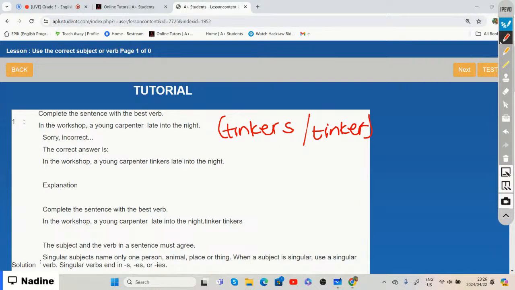A young carpenter refers to one young carpenter, only one person. Do we say a young carpenter tinkers late into the night or tinker late into the night?